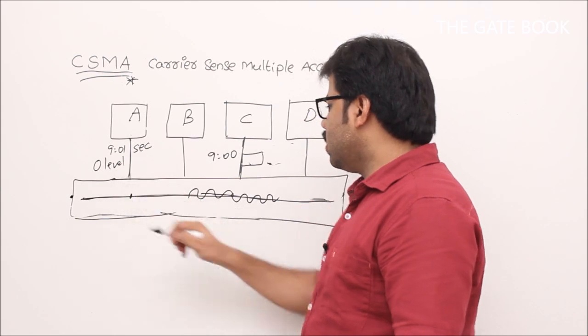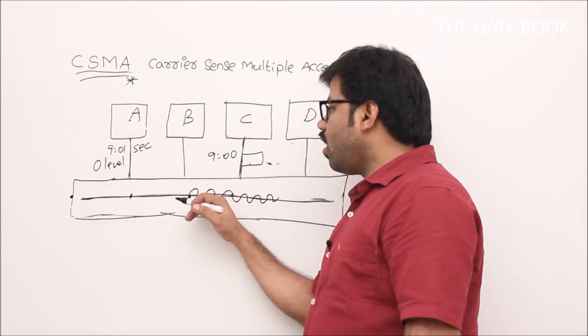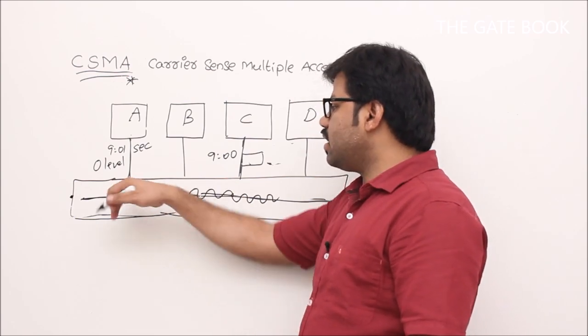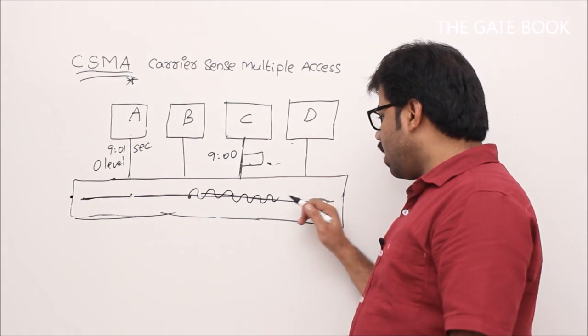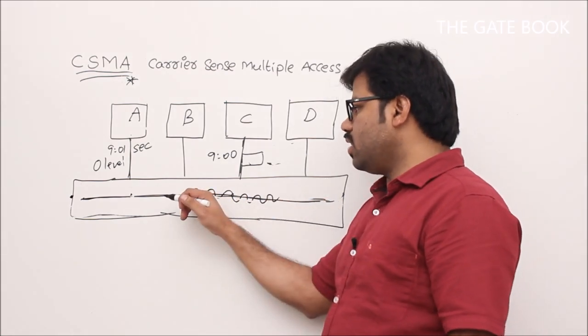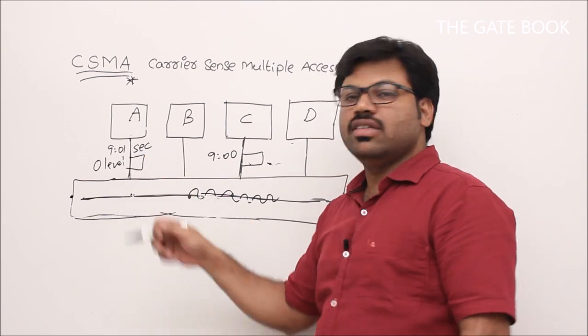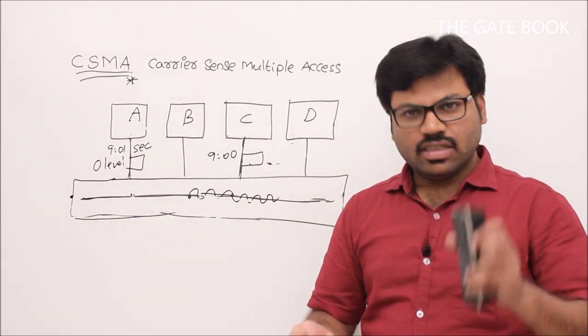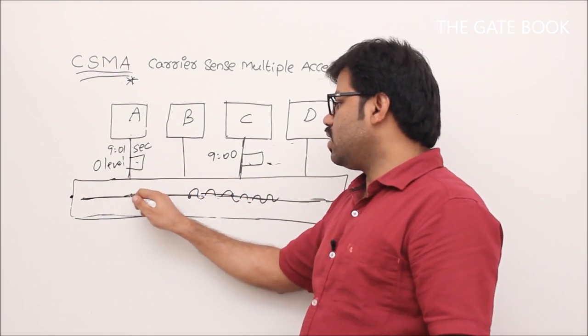The reason is, since the signal is at this moment here, this signal cannot increase the energy level of this cable here. That means when the signal is coming from a distant place, sometimes your adapter may not be able to find the energy in the signal. So still your adapter A thinks that this line is free.